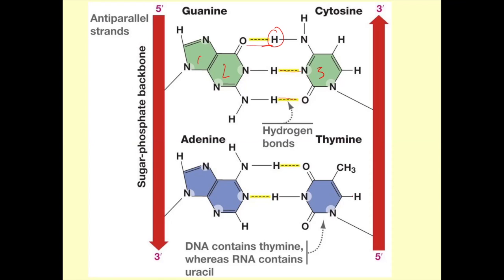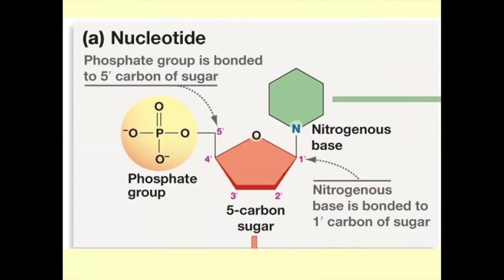So we can keep 3 ring structures each time, and the hydrogen bonds will form in the correct manner if we stick with A and T and G and C. Okay, as said before, just like with glucose, we can label the carbon atoms as 1, 2, 3, 4, 5.